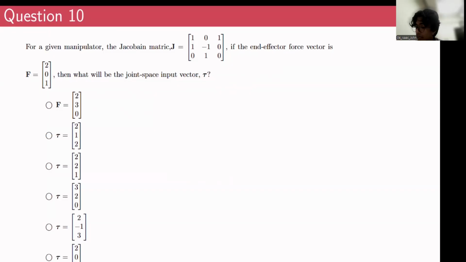So just like in kinematics, we have also seen a mapping between joint space wrench, a combination of forces and torque. I'll use the letter tau to represent the joint space wrench, and the wrench at the task space or at the end effector, I'll denote it with a capital F.